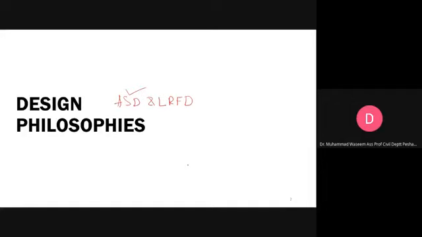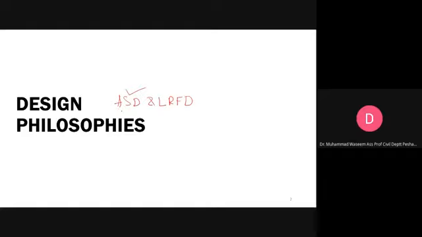I already told you that there are two types of design philosophies which we will follow in this course. These are known as ASD and LRFD. You will be familiar with these two philosophies; I hope you have studied something about them in your concrete design courses.